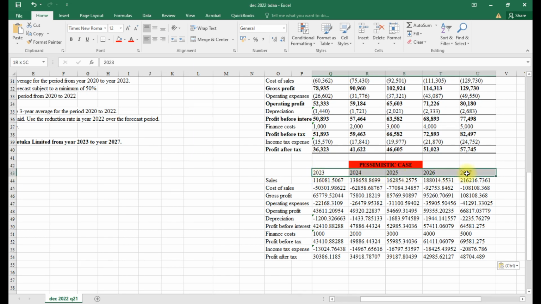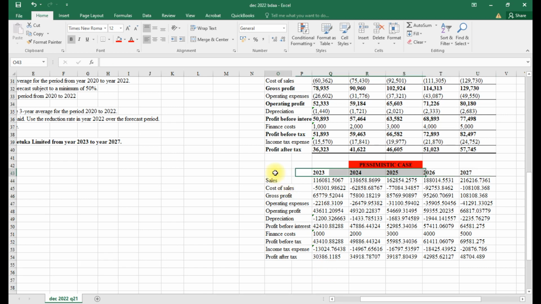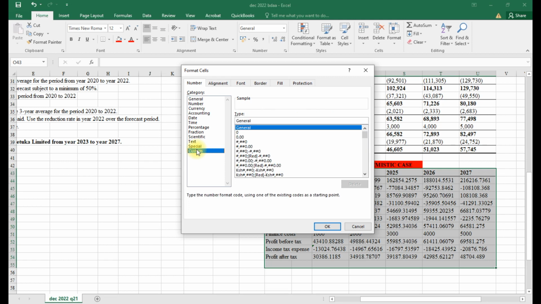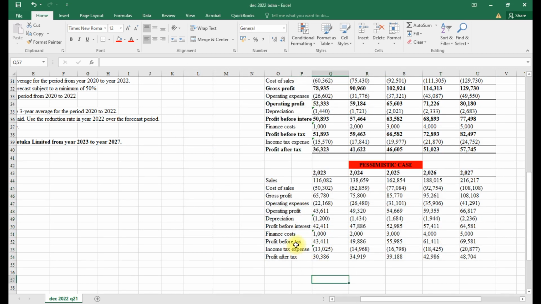So this one I'll bold, and I use a bottom border, and I will highlight this and format this area to show negatives using brackets. Okay, and I think that's all.